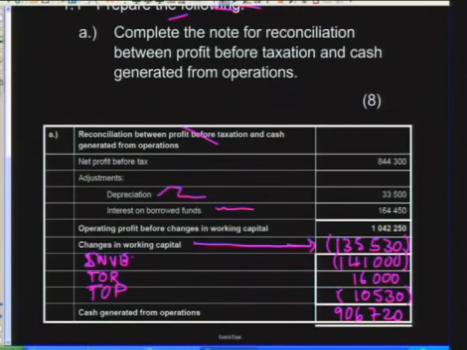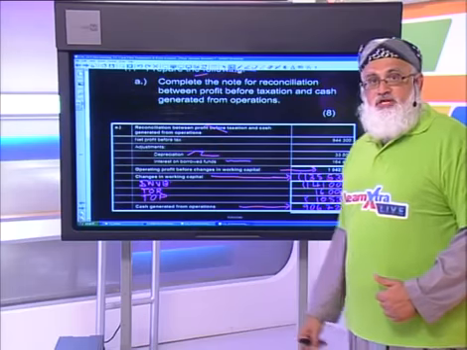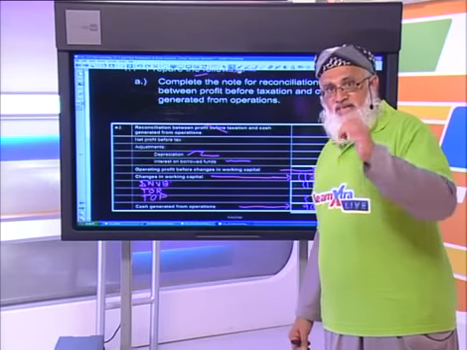What I did prior to this was take the figure, our operating profit before changes in working capital, subtract the individual figures, and finally arrive at my answer. You will notice that if you take 1,042,250 and you subtract, because that is a negative, 135,530, you would get the same answer of 906,720. Thank you for that.